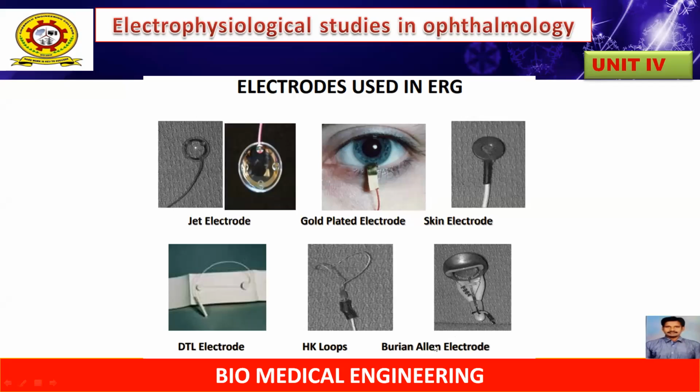So these are the possibilities of electrodes which are used in the particular ERG experiment test: jet electrode, gold plated electrode, skin electrode, DTL electrode, some HK loops, and Burian-Allen electrode. Clear?